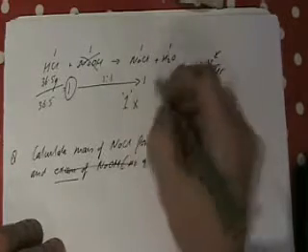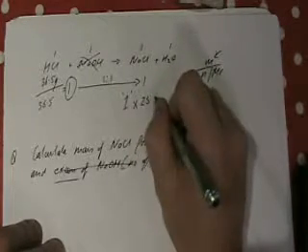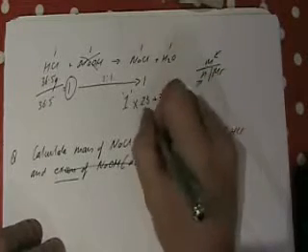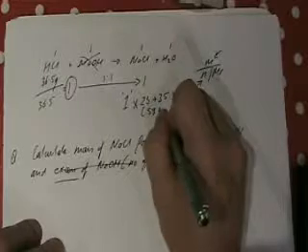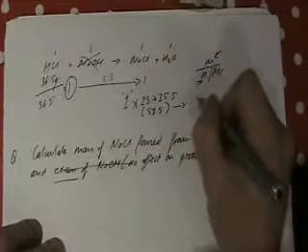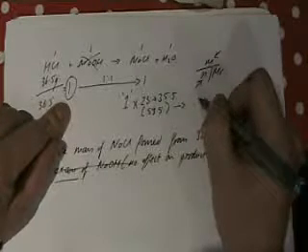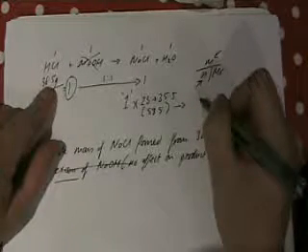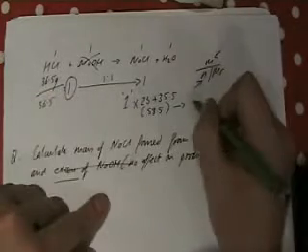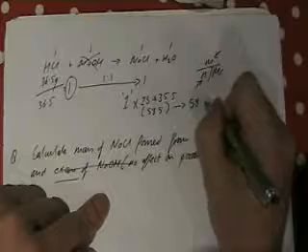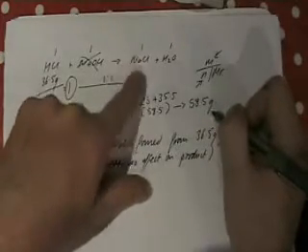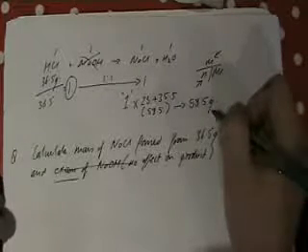The MR of this is 23 plus 35.5, which is 58.5. Therefore, I'm going to make from 1 mole of HCl, which is 36.5 grams of HCl, I'm going to make 58.5 grams of sodium chloride.